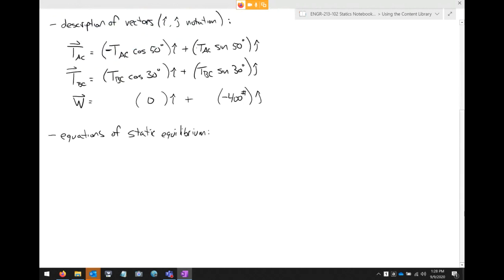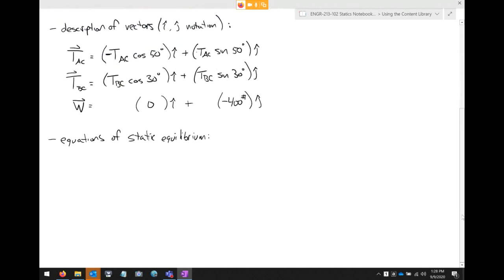So remember, we've got two equations of static equilibrium that we can apply. The sum of forces in the x direction equals 0 and the sum of forces in the y direction equals 0. So let's apply each of the equations one by one.